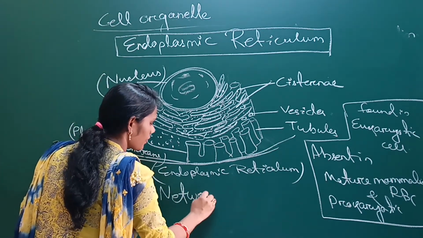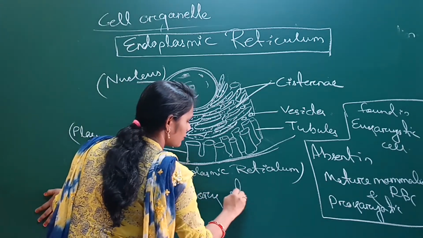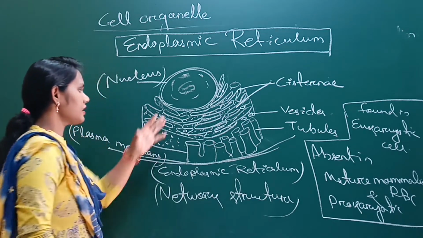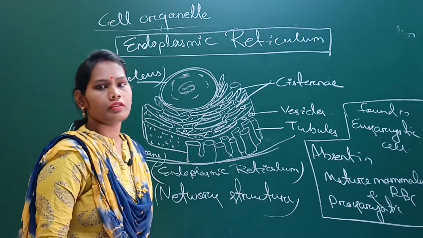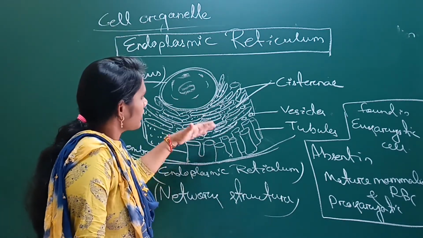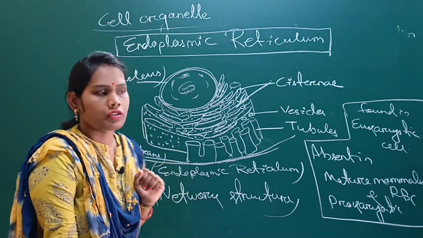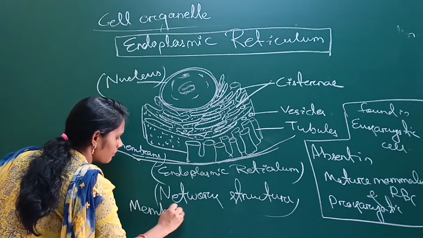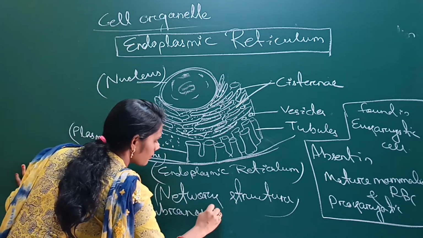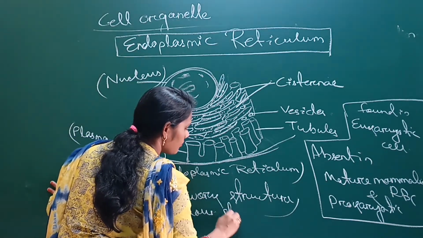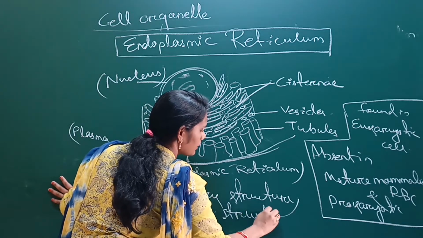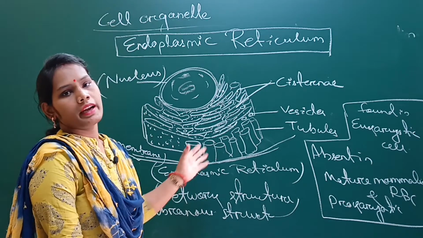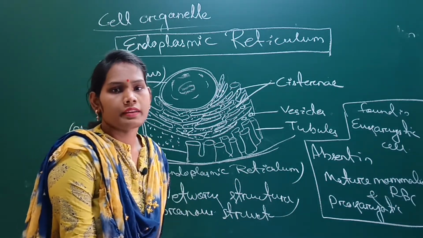It is a network structure, and this network is interconnected with each other. So it is an interconnected network-like structure, and it is also a membranous structure. Membranous structure means it is a membrane-bound organelle. It is covered by an outer membrane, so it is a membranous interconnected network-like structure.